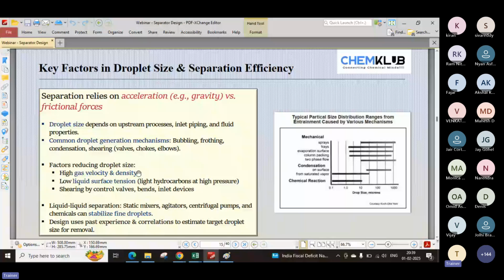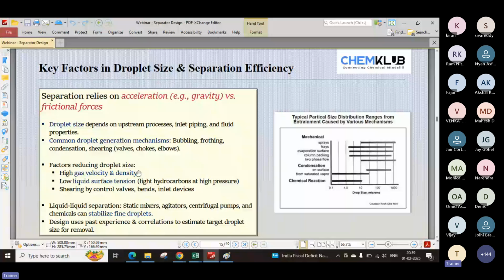And to design the separators, there are various factors affecting the liquid molecule or the liquid droplet which is there in the gaseous stream or the feed stream.